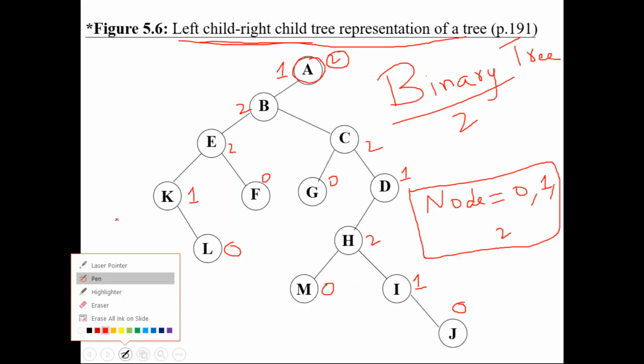Hierarchical means a node can have any number of children, but now we understood that a tree can be complex in nature, yet it can finally be converted to a binary tree by representing it in left child right sibling format, and then transforming from left child right sibling format to left child right child format. Any complex tree can be finally converted to a binary tree. That is the takeaway point here.